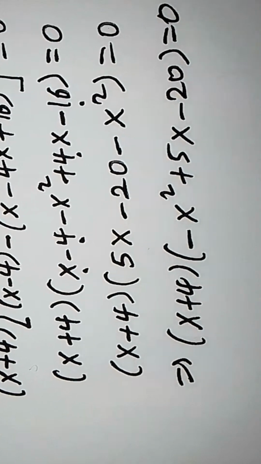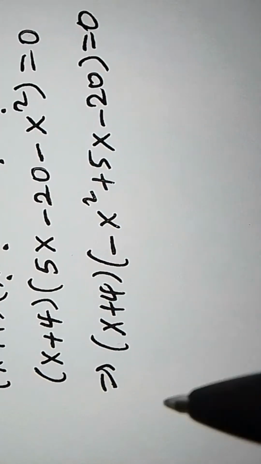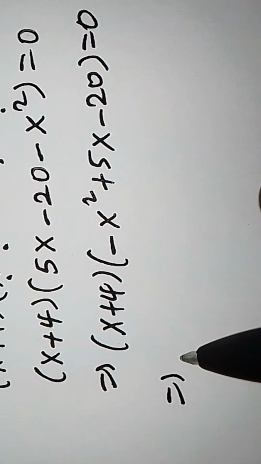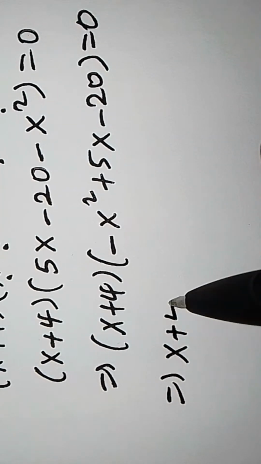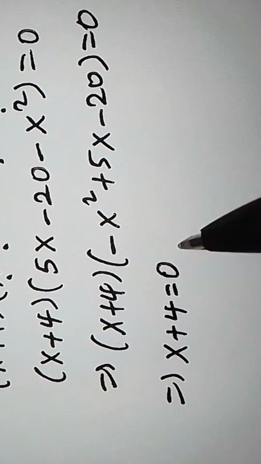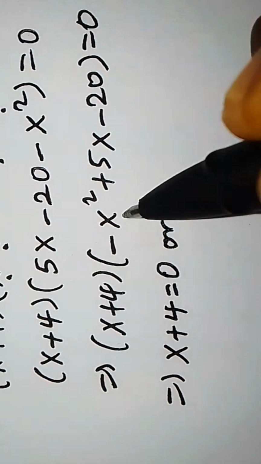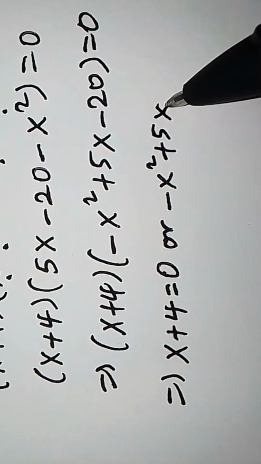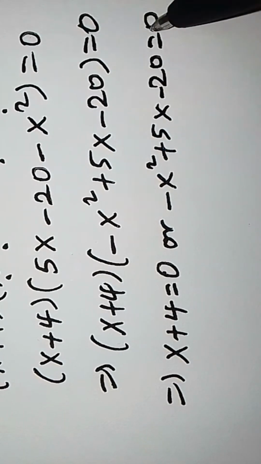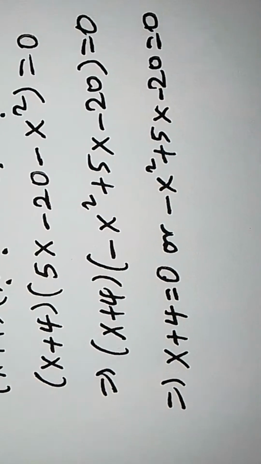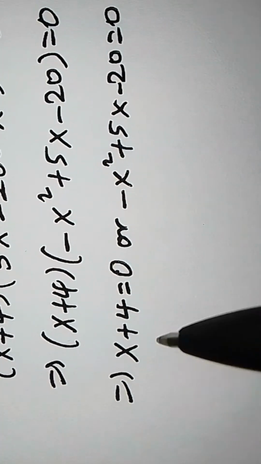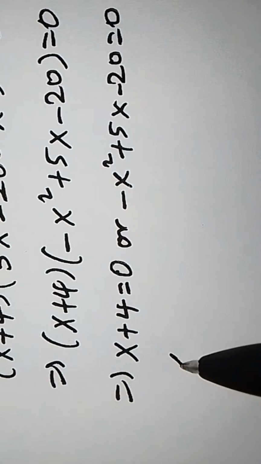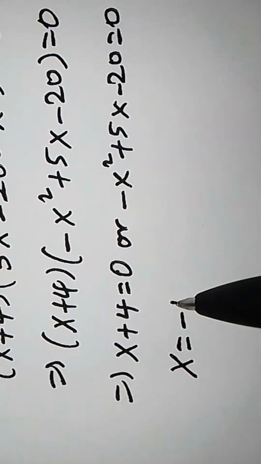Let's proceed further. This implies that x plus 4 is either equal to 0 or minus x squared plus 5x minus 20 is equal to 0. Clearly, from this line, x is equal to minus 4.